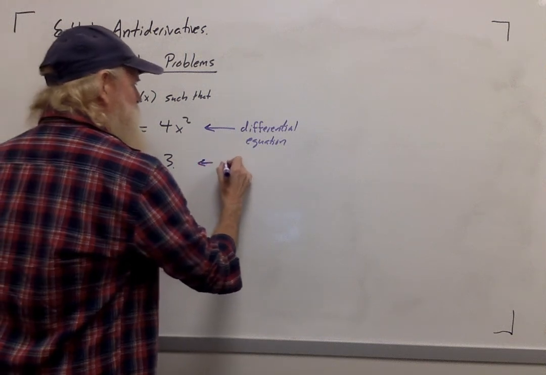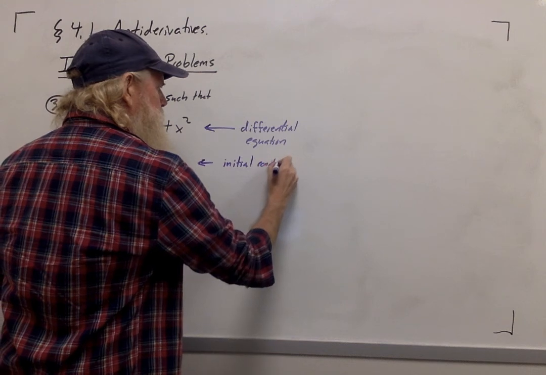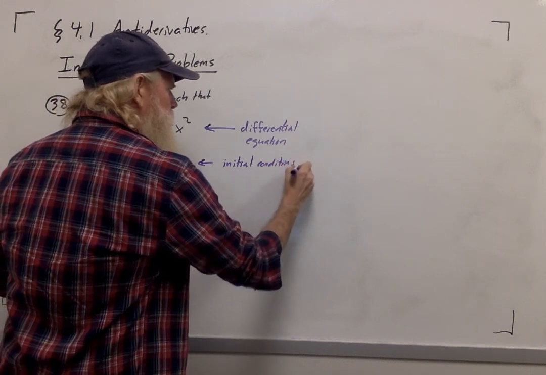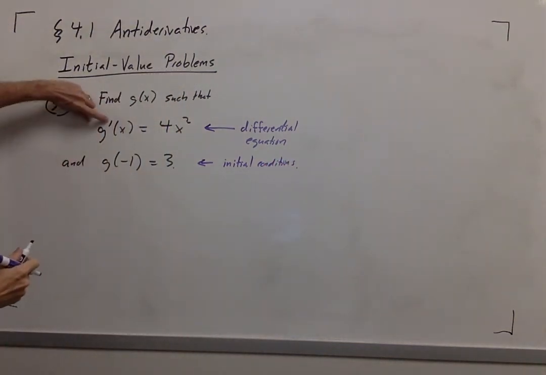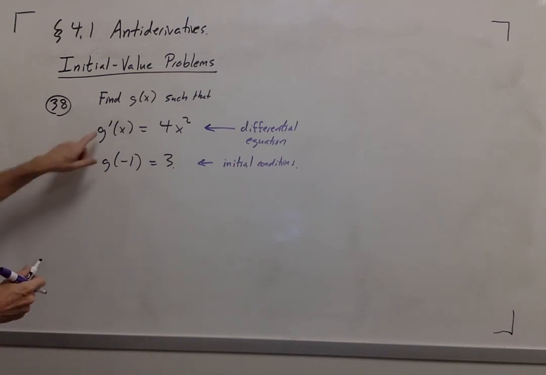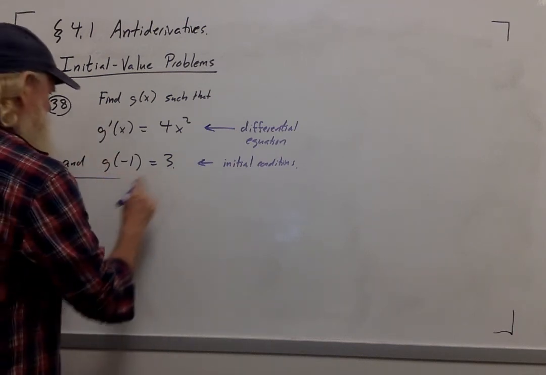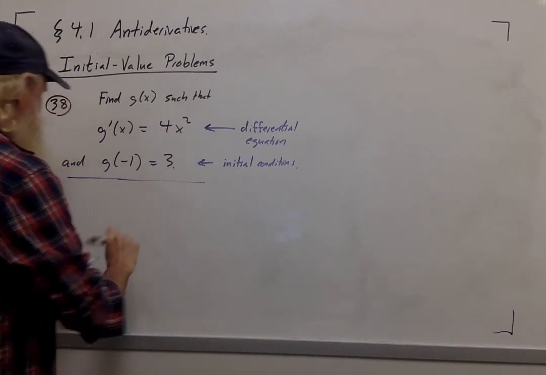And those are called initial conditions. As a rule of thumb, if it tells you the first derivative of g, then it's going to give you one initial condition. After this problem, we'll do another where we have a second derivative and we have two initial conditions. So here are the steps in solving an initial value problem.